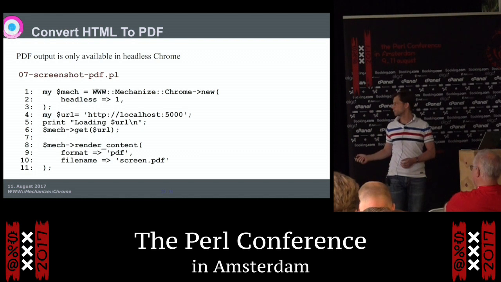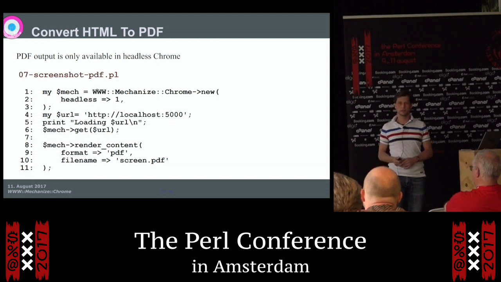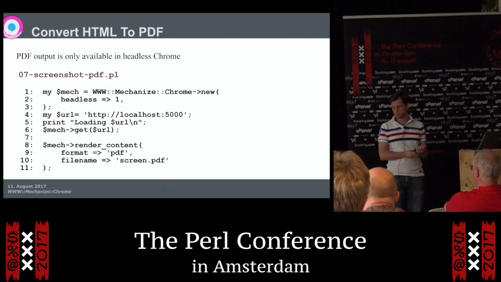You give it the format. It's either PDF or PNG, and you either get back the PDF file as a scalar, or if you pass it a file name option, you can even directly write the PDF to a file.